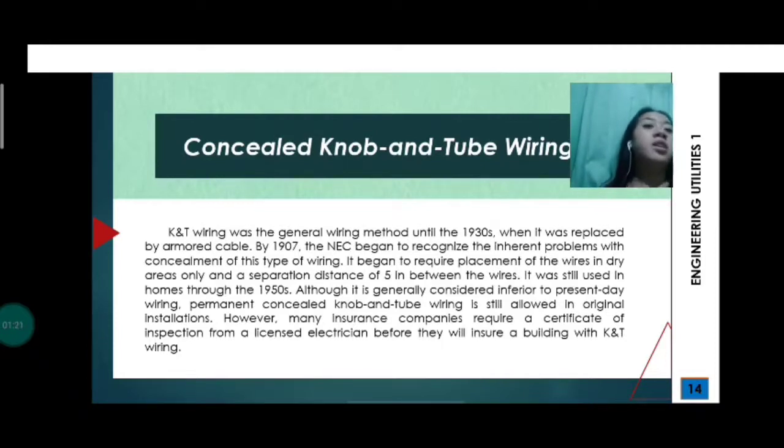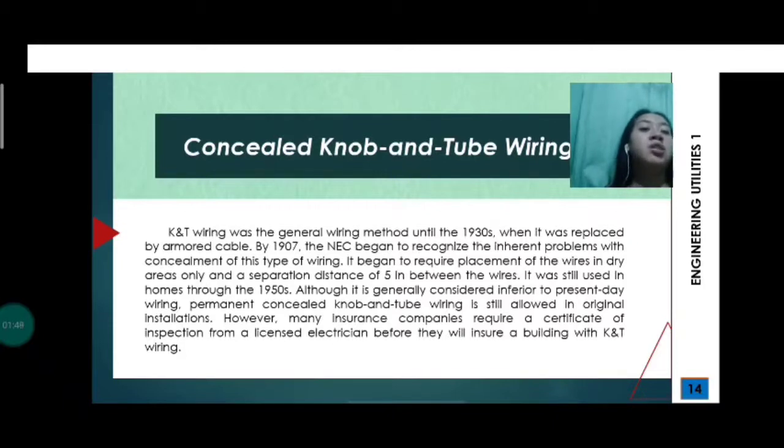So, concealed knob and tube wiring is a traditional wiring method that is used until 1930s. These methods are replaced by the armored cable by 1907, the NEC begins to recognize the inherent problem in concealment in this type of wiring.